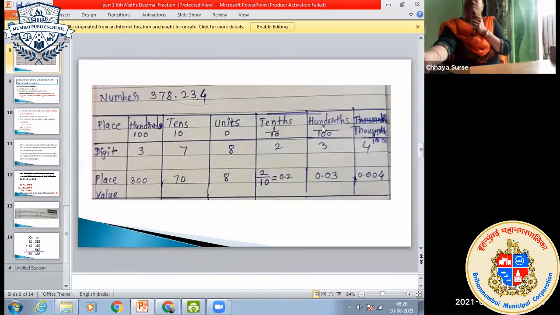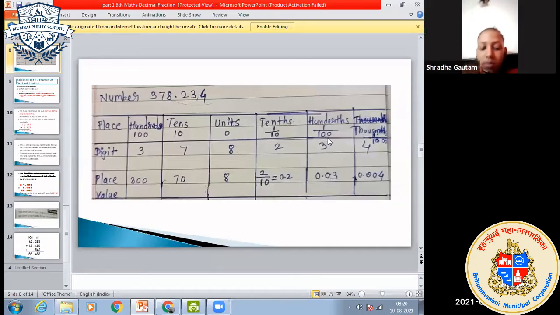You will write the 3 on the numerator place. 3 upon 100. So how many zeros are here? 100 having how many zeros? 2.